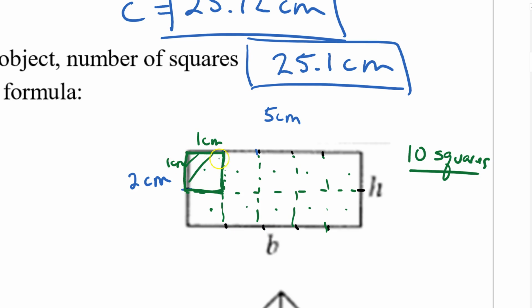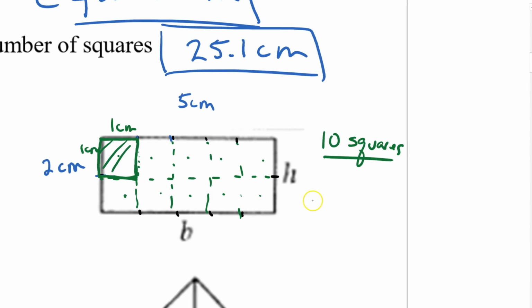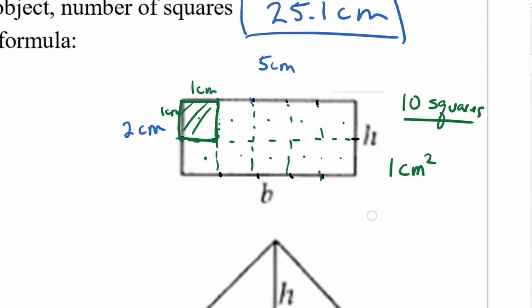In other words, each square is 1 centimeter squared. A square centimeter. So you see how the units work out in this case. What would be the total area? For this case, we'll say the total area would be equal to 10 square centimeters, or 10 centimeters squared.